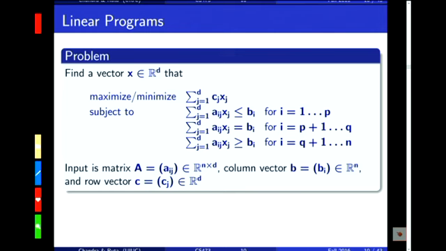Because every row of A corresponds to some constraint here, and every column corresponds to a variable. And B is a vector and C is also a vector. B is an n-dimensional vector and C is a d-dimensional vector.